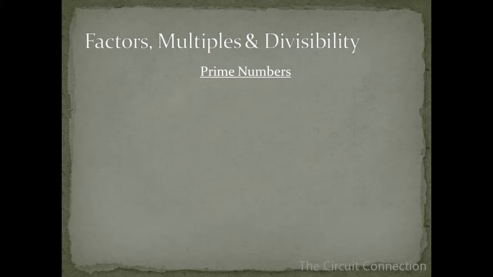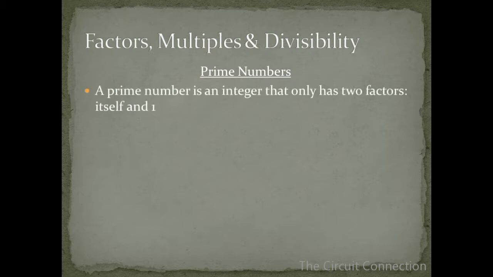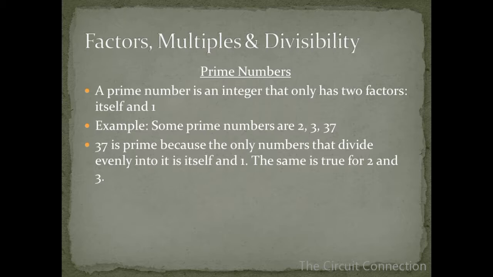So prime numbers. What is a prime number? A prime number is an integer that only has 2 factors, itself and 1. For example, some prime numbers are 2, 3, and 37. 37 is prime because the only numbers that divide evenly into it are itself and 1.